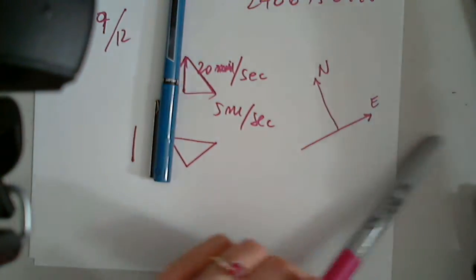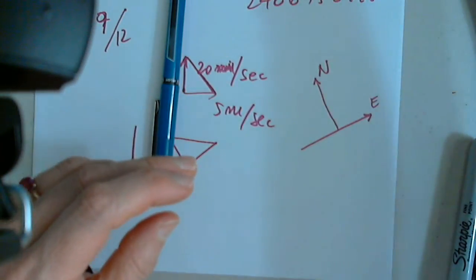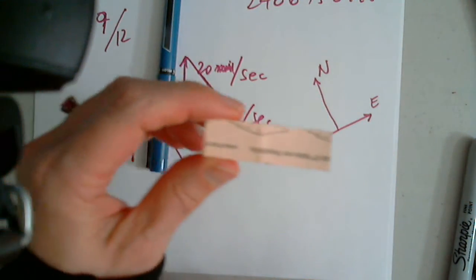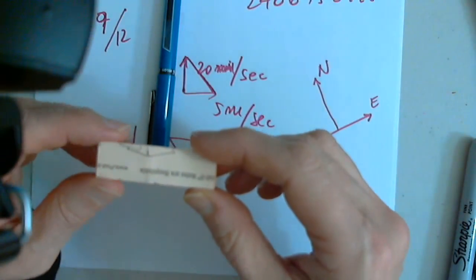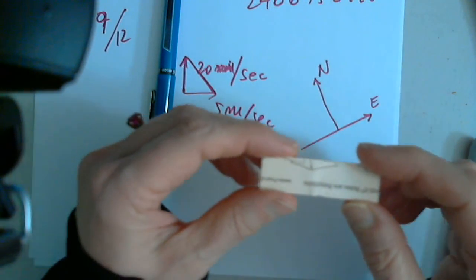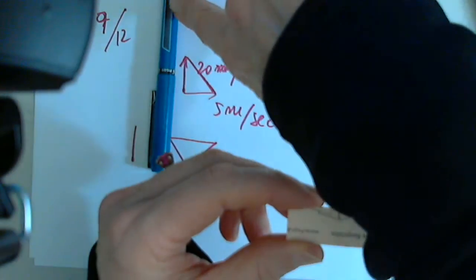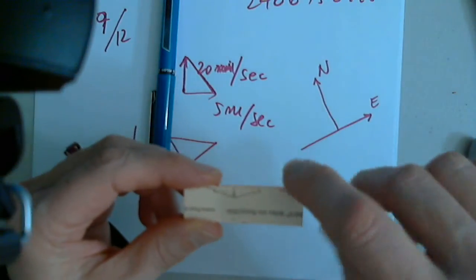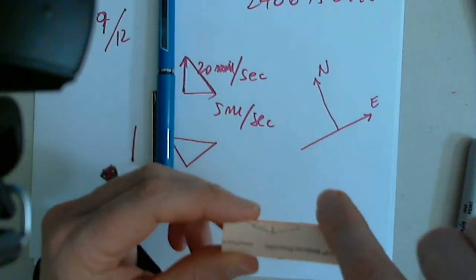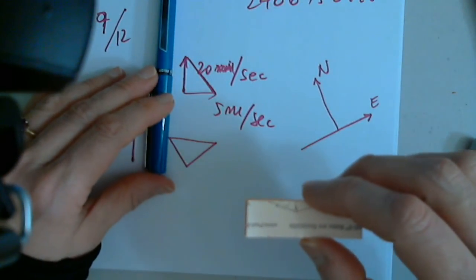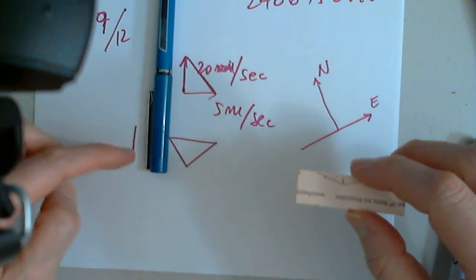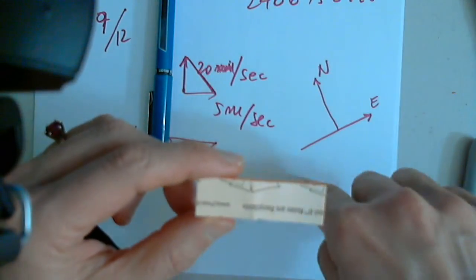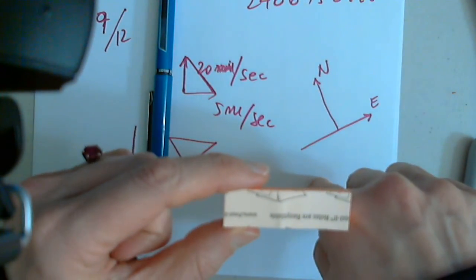So here's the drone. I just want a tiny drone. Here's the car going north, and here's the drone going east. So at some point in time, I want to determine this distance between the drone and the car. So this will still be a right triangle, and this will still be the height of 25 meters.